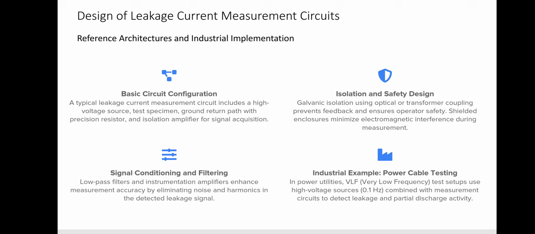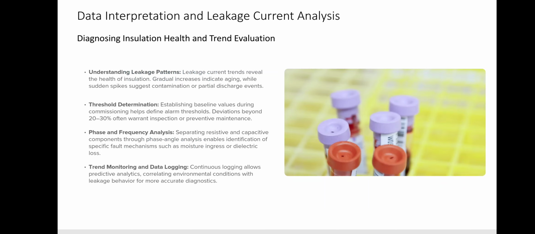Design of leakage current measurement circuits: reference architectures and industrial implementation. Basic circuit configuration, isolation and safety design, signal conditioning and filtering. Industrial example: power cable testing.